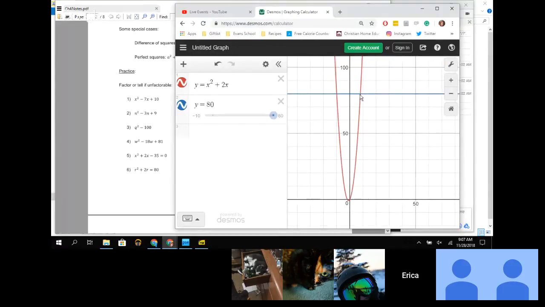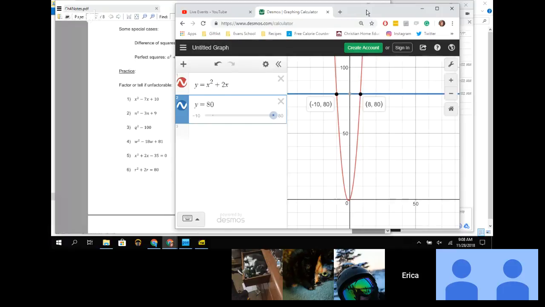And this point right here is when x equals 8, y equals 80. It's true for both of these. And when x equals negative 10, y equals 80. So my two solutions to this equation are x equals 8 and x equals negative 10.